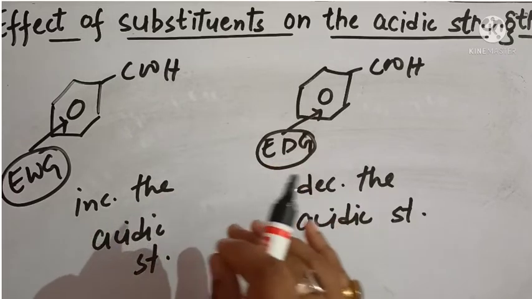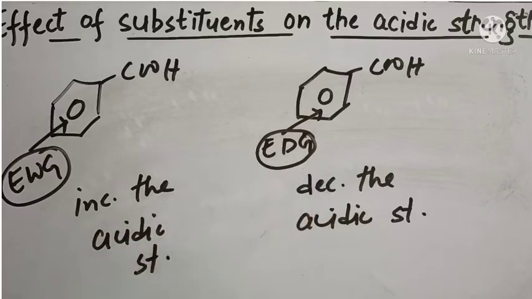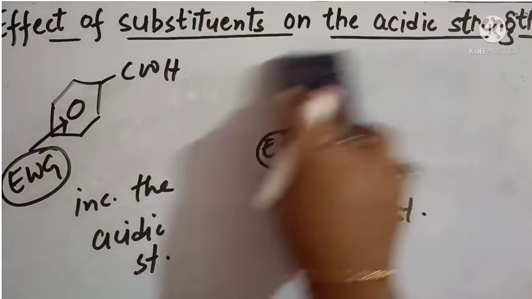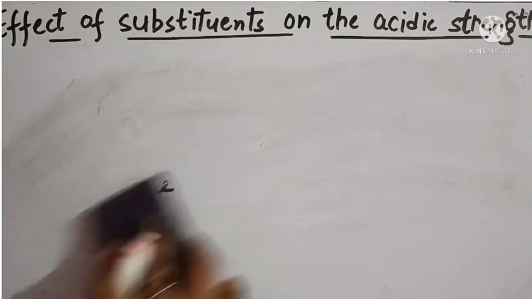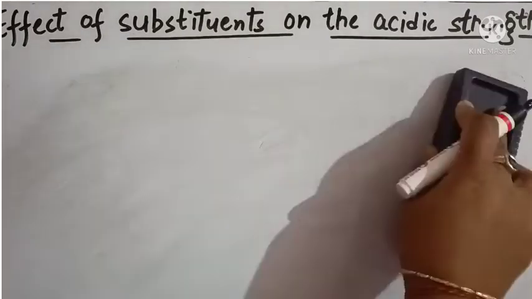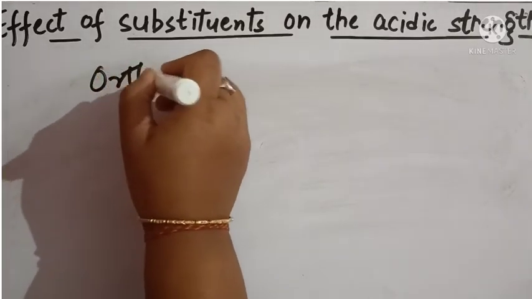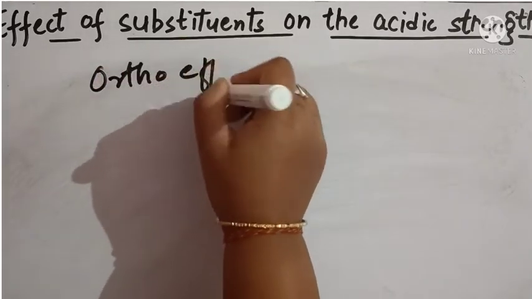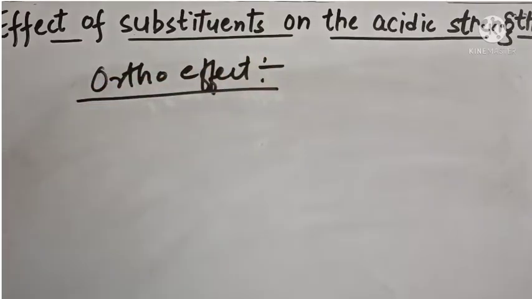But there is an exception that is known as the ortho effect. What is that? Let us see that in the ortho effect, actually, the substituent which is present at the ortho position of the benzoic acid. So now let us discuss the ortho effect, how it increases the acidic strength.